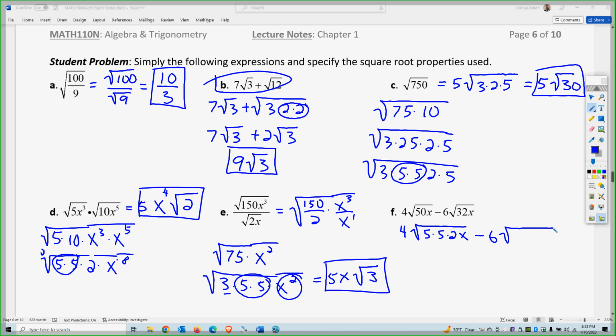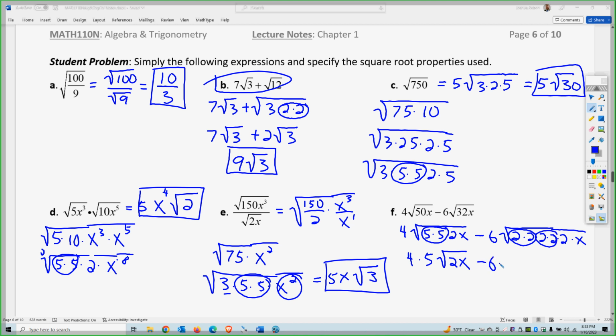And then 32 is 4 times 8, so that's 2 times 2 times 2 times 2 times 2 times x, right? So 4 times 8. Okay, so what do we have that can come out? The 5s can come out here. So this is 4 times 5 root 2x. Here we have a pair of 2's and a pair of 2's.